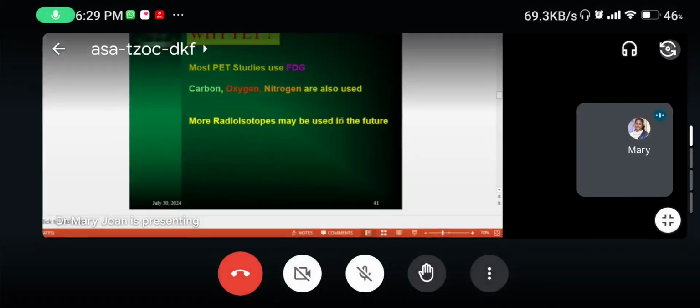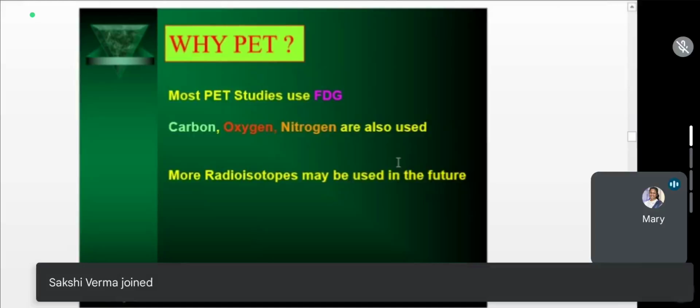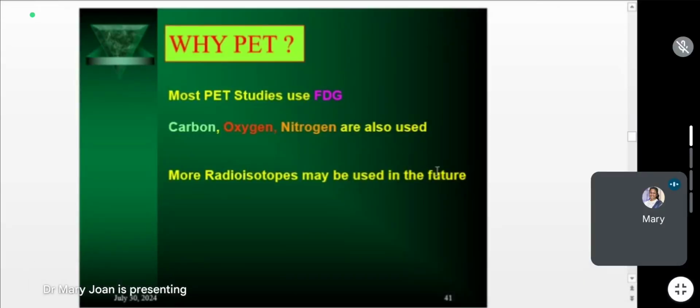Most PET studies use the radiopharmaceutical FDG, fluorodeoxyglucose, where the fluorine is replaced with F18. Carbon, oxygen, and nitrogen are also used, as we have seen. More radioisotopes may be used in the future. Now we have serious problems with the half-life of these positron emission isotopes.